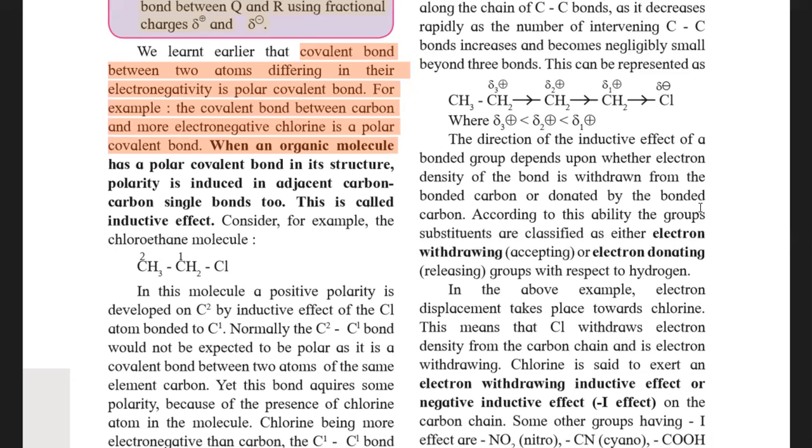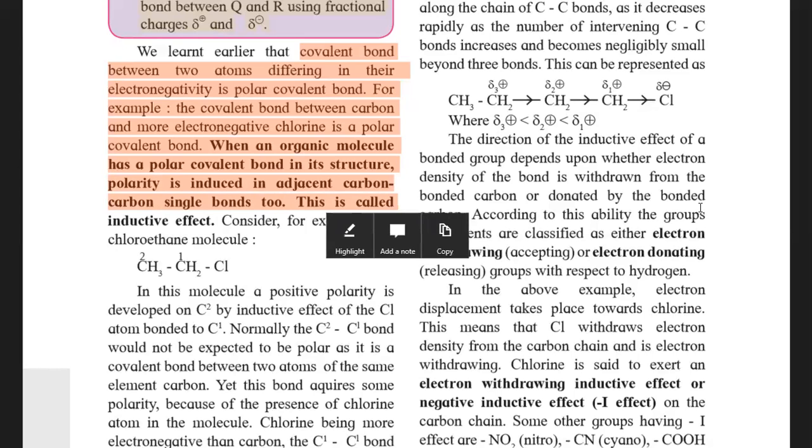When an organic molecule has a polar covalent bond in its structure, then the polarity is induced, polarity is developed in adjacent carbon single bonds too, and this is called an inductive effect.